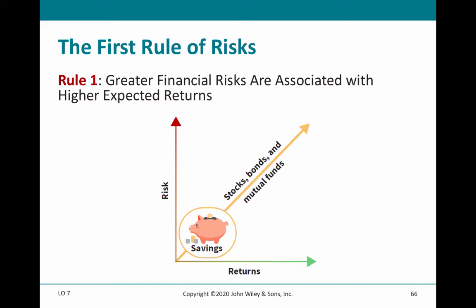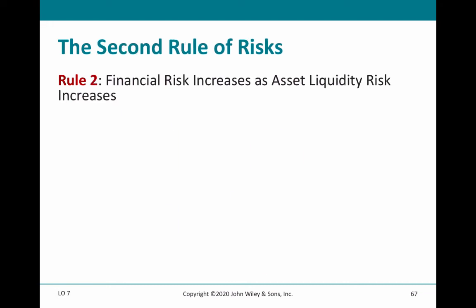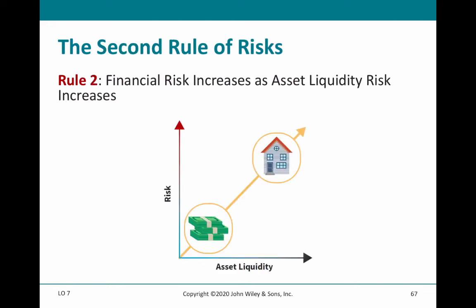First rule of risk: the greater the risk, the higher the return. Kind of makes sense. Financial risk increases as liquidity risk increases. Remember, liquidity is how quickly you can turn something into cash. When you can't turn it into cash very quickly, the risk goes up.